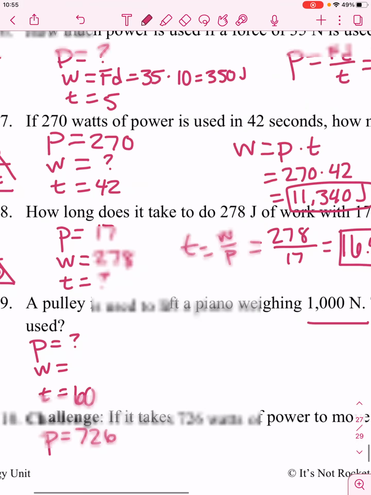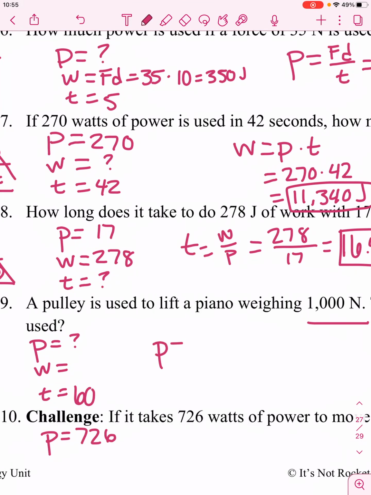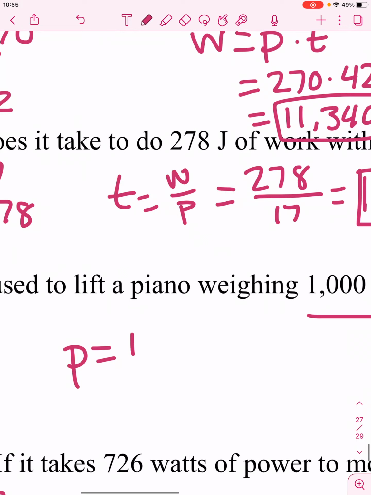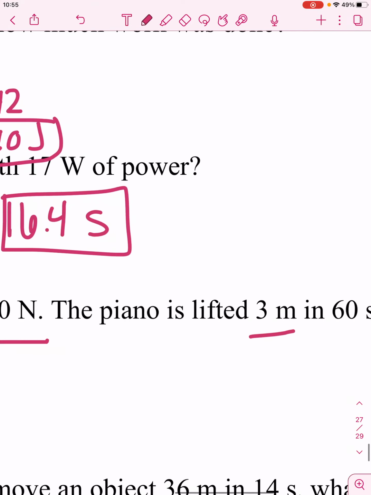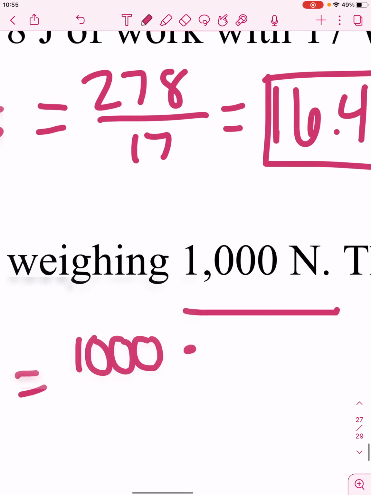All right, so I have 1,000 for my force times 3 for my distance divided by 60 for my seconds. So that's 3,000 divided by 60. That should be 50.